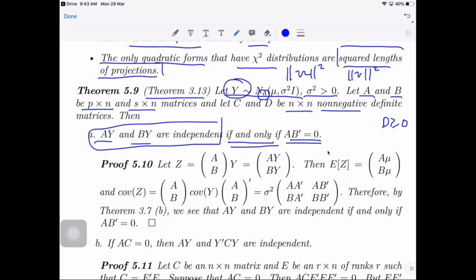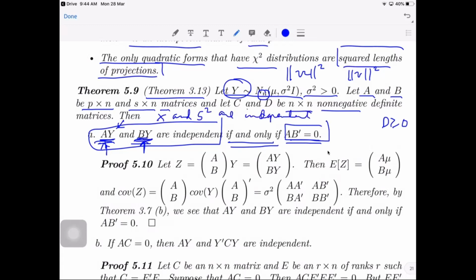The advantage of this is that if you have two estimators written as A Y and B Y, and you can show that A B prime is 0, then we can say that these two estimators are independent. In your inference, you will see that X bar and S squared are independent.